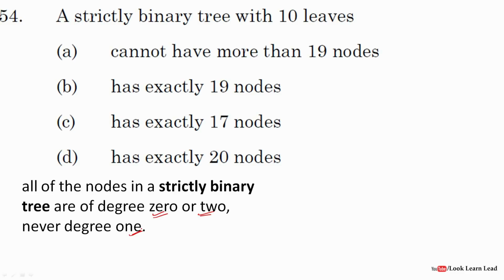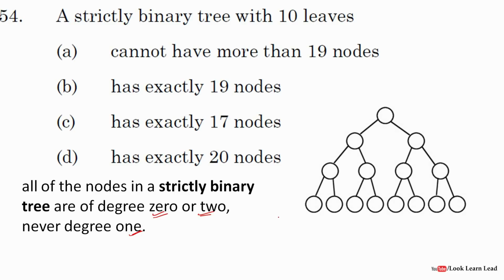That is, every node has either 0 children or 2 children. Let's say for example, see, this is a strict binary tree. Okay, these are the internal nodes, 1, 2, 3, 4, 5, 6. These 7 are the internal nodes, and every node, that is the root node, has 2 children. These internal nodes all have 2 children, and the leaves have no child. So this is an example of a strict binary tree.